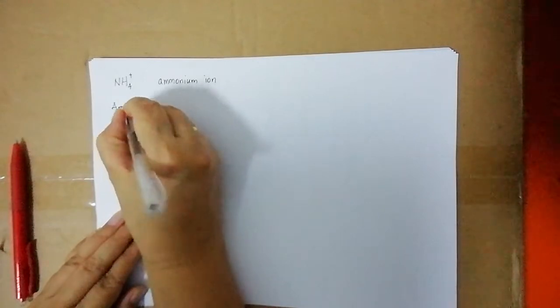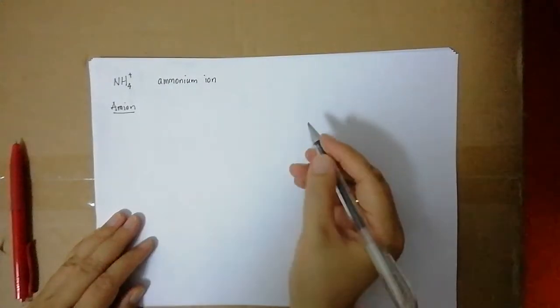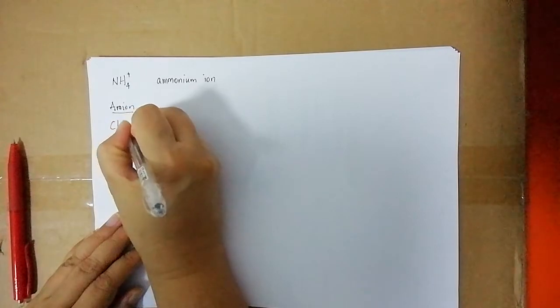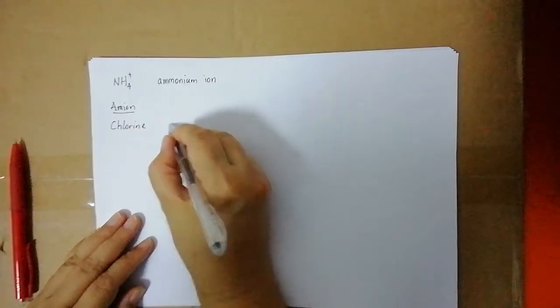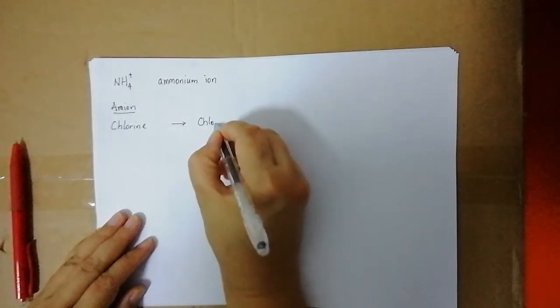So let's see the anion. For anion, just now we said the chloride ion actually is the chlorine, which forms chloride ion.